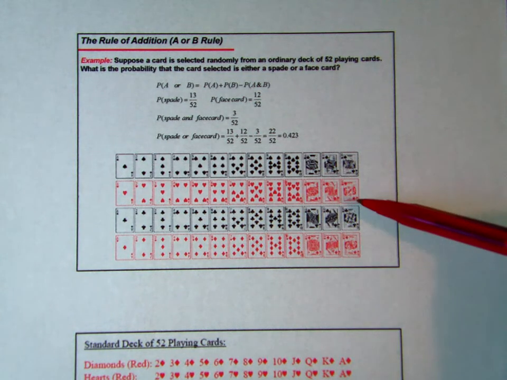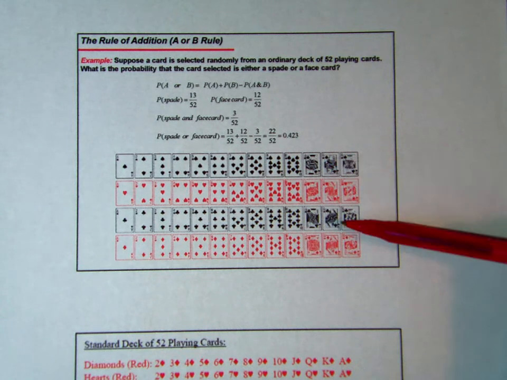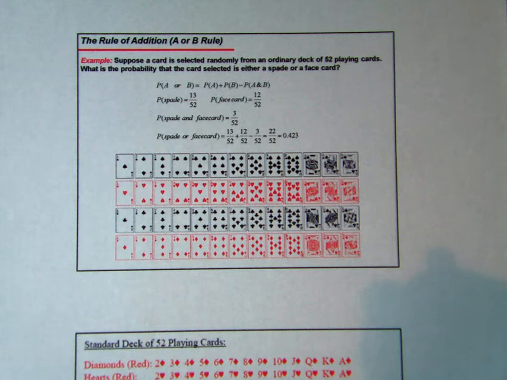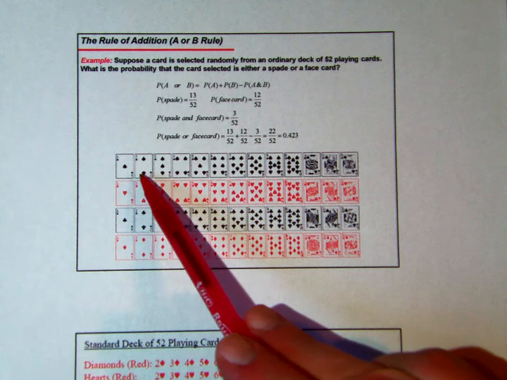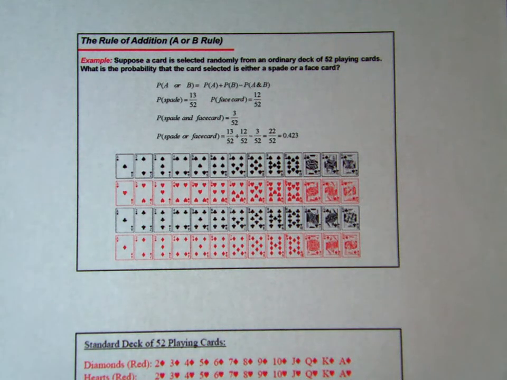The red suits are the hearts and the diamonds. The black suits are the spades and the clubs. Each suit consists of 13 cards: an ace, a 2 through a 10, and then Jack, Queen, King. Jack, Queen, and King are known as face cards because they have pictures that include faces on them.